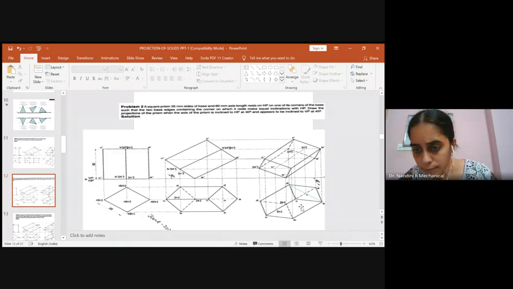Then the locus of C is meeting C dash at this point, so this is our C dash. Then the locus of D is meeting D dash at this point, so this is our D dash. Now we named the top surface also. The center we will do at the last stage.